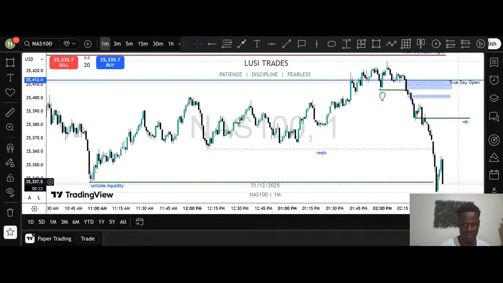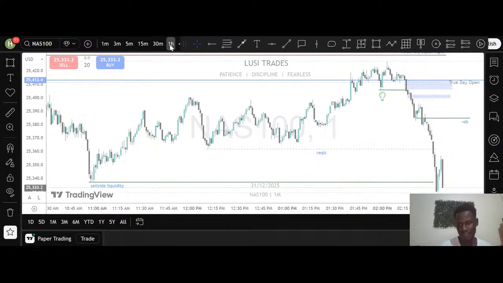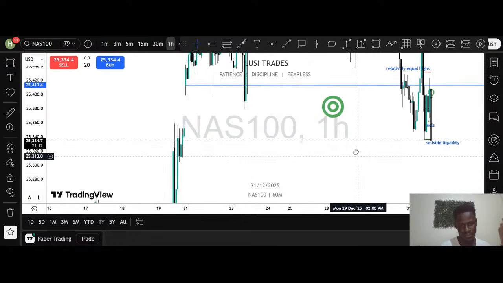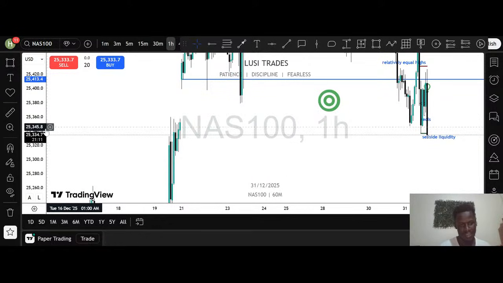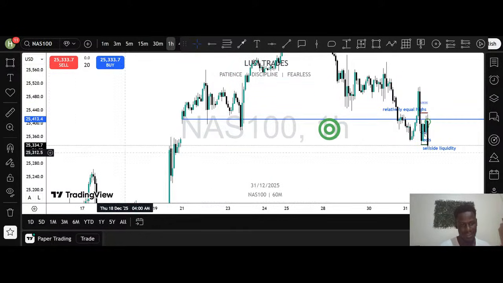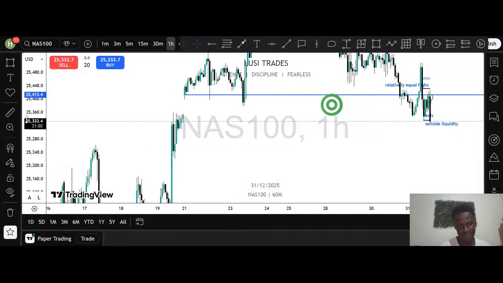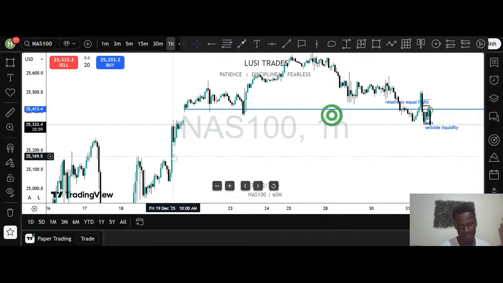If you leave a runner, you'll probably be targeting something higher, so you look at the higher time frame chart and see where price might want to trade to. Initially, down here we are having these order blocks, but I feel like we are still coming to this fair value gap here.